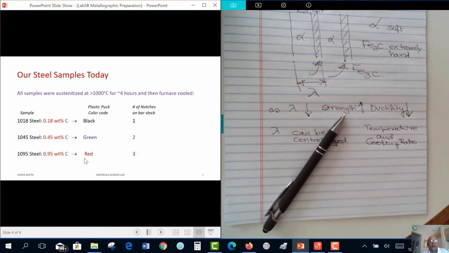Notice alphabetical order. Now, when we are heat treating the bar, of course, we need to make some kind of a mark so we can distinguish our bars. So we will have 1 notch in 1018, 2 notches in 1045, and 3 notches in 1095.